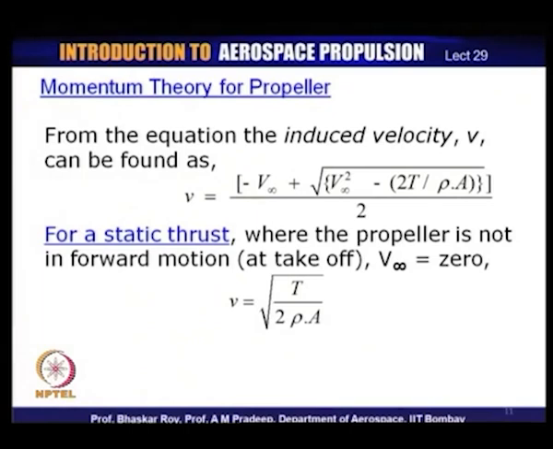The induced velocity could be simply written down as root over T by twice rho A. This is a very simple way of figuring out what the induced velocity would be during takeoff, and it allows us to quickly estimate what the thrust would be during takeoff when the aircraft and the propeller are actually static and not moving. So, this is again a very simple, handy way of quickly figuring out what the static thrust of a propeller would be during the takeoff of an aircraft.